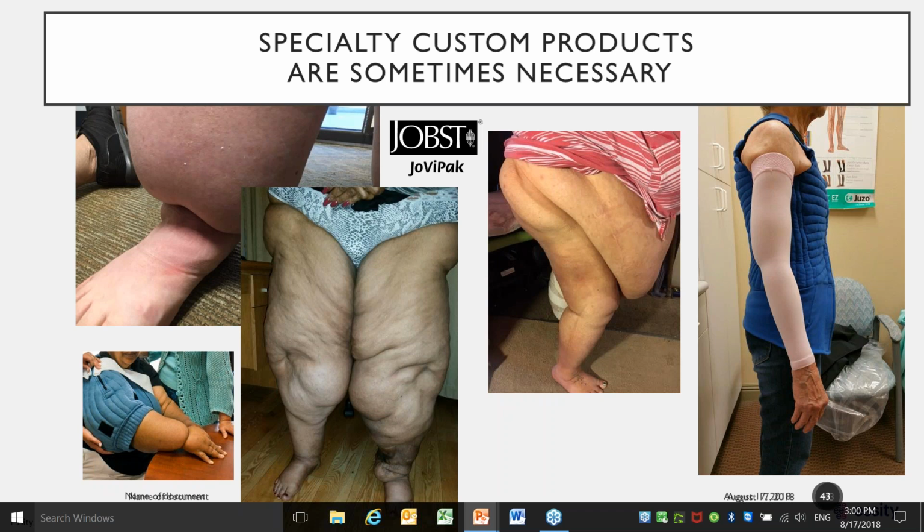We'll do remakes, but it's always going to create a delay for that garment. And we know that your patient matters, and you don't want there to be a delay. Stay in touch with us. When you have complicated cases, we will offer extensive help so it results in a first-time fit. Reach out to your medical advisors or your JoViPak inside sales team, which is Kathleen Lutman or Anastasia Stebakova.